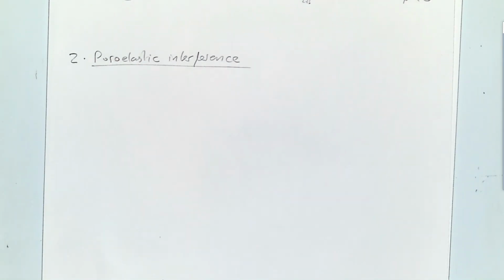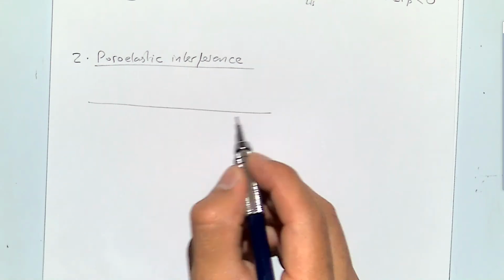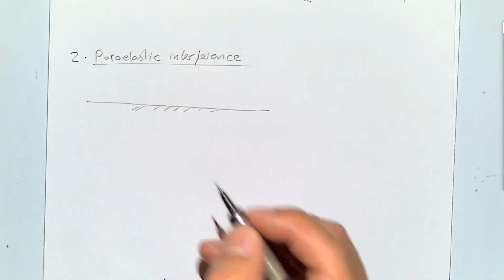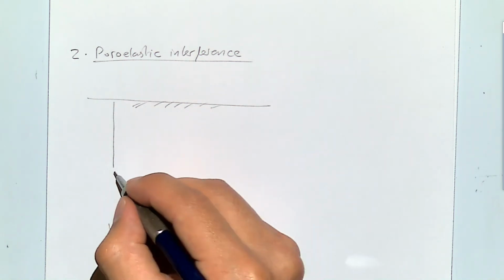And what that means is that, let's say that you make a fracture somewhere over here in a vertical wellbore.